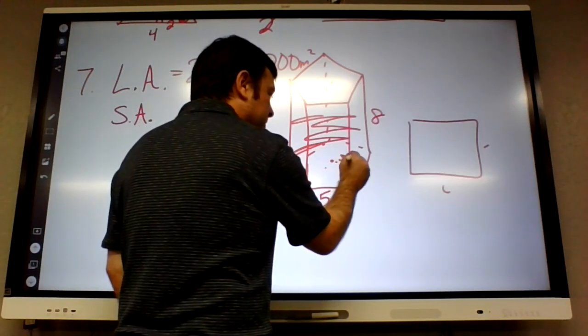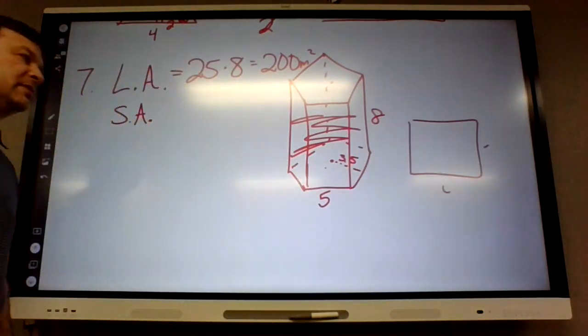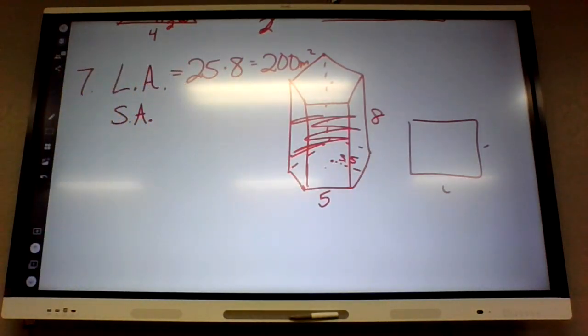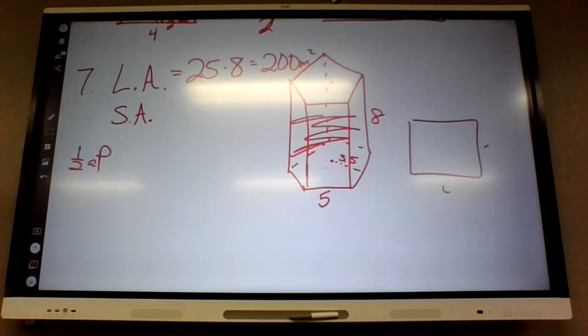In the little picture, if you look closely, they put 3.5. What's that? An apothem. So it's 1/2 the apothem times the perimeter. For a regular polygon, like a regular pentagon, it's 1/2 apothem perimeter.